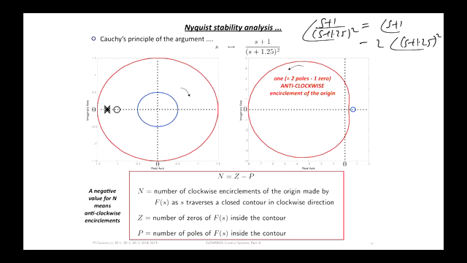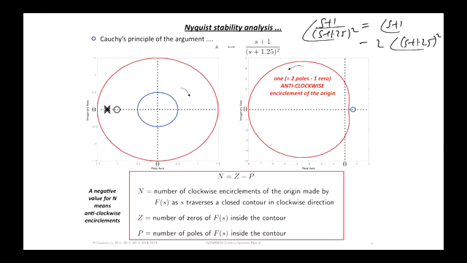So the net change in phase due to the zeros will be minus 2 pi, but the net change in phase for each of the poles will be plus 2 pi. And so adding all those things together, we get a net change in phase of plus 2 pi, which is what we can see by counting how many times this curve goes around the origin.